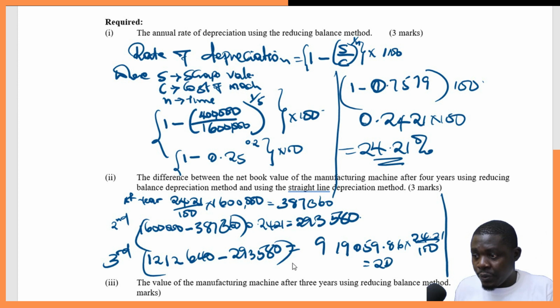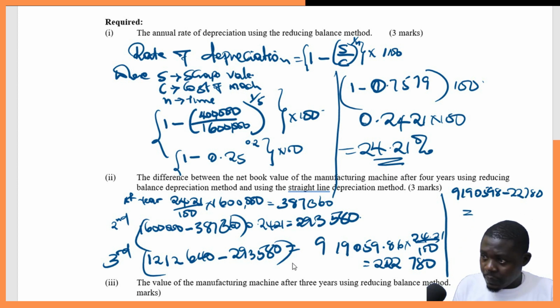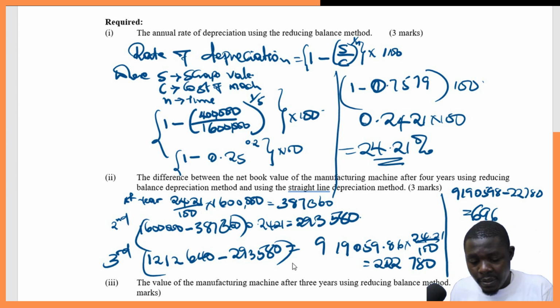That is 222,780. I have 919,059.86 minus 222,780, that is 696,278.